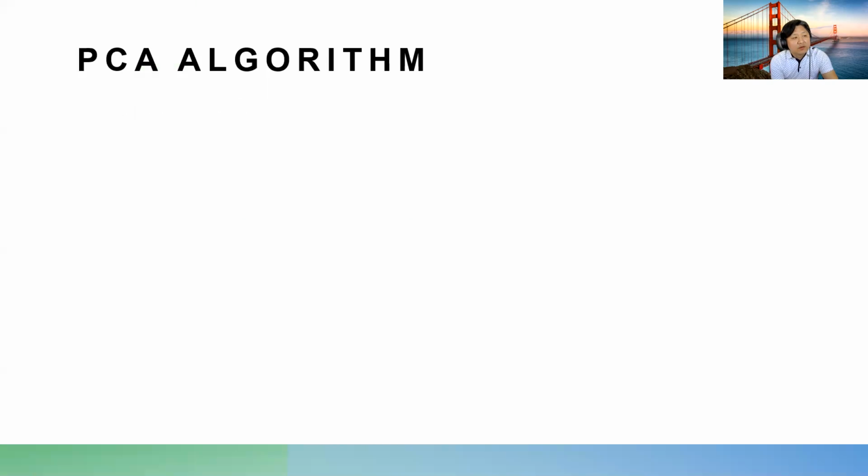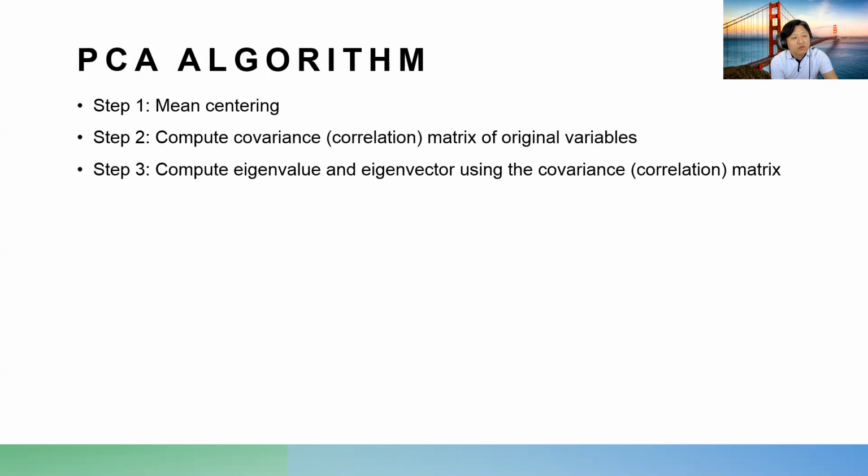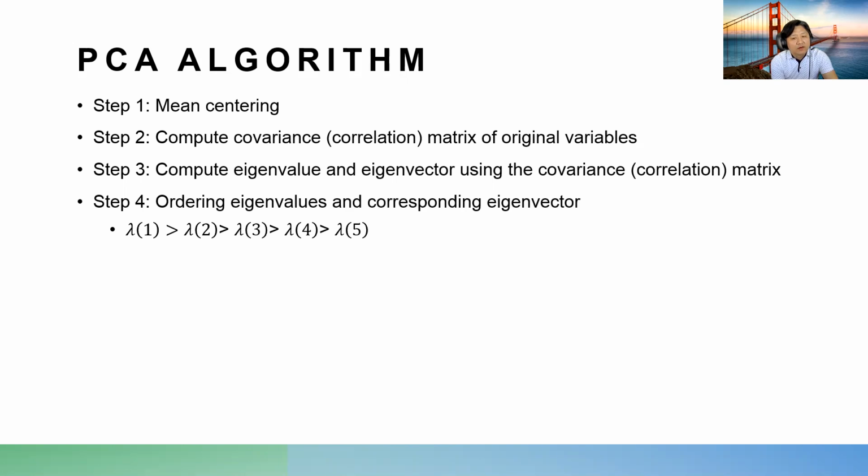So let's review the PCA algorithm one more time. In PCA, first we do mean centering and then get the correlation or covariance matrix to compute the eigenvalues and eigenvectors, and order the eigenvalues and corresponding eigenvectors. If you have 5 variables, you have 5 eigenvalues.